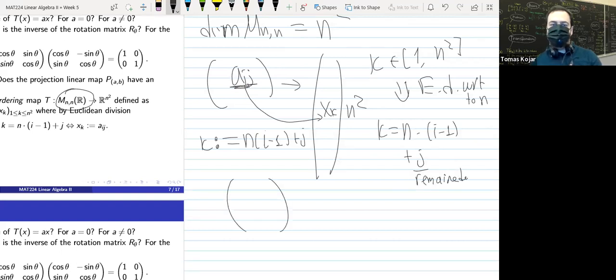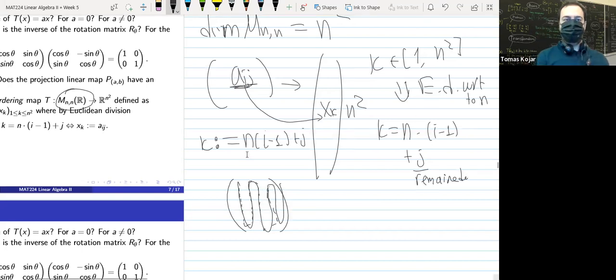Pictorially, you're just going like this. If you want to, you can play around with it, but that's what you're doing. You go across, then up, then down, then up. You can play with that stuff. So this is the map.